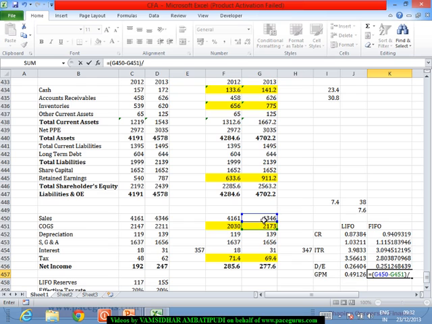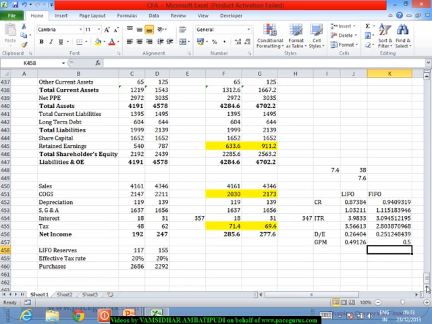Because the sales doesn't change, but the cost of goods sold will be higher in case of LIFO, the gross profit margin will be lower in case of LIFO compared to that of FIFO. Same thing will happen in case of net profit margin also.